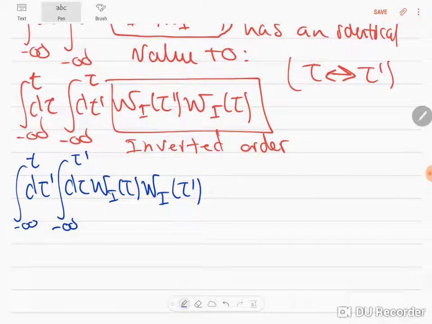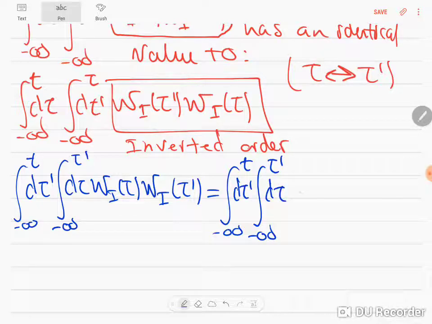Okay, this is equal to the integral from minus infinity to t of d tau prime, minus infinity to tau prime of d tau, time order of W_I of tau, W_I of tau prime.